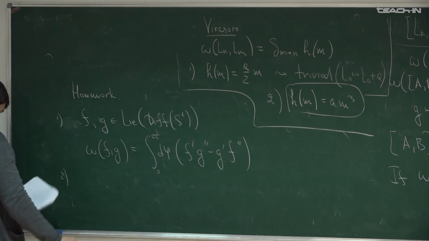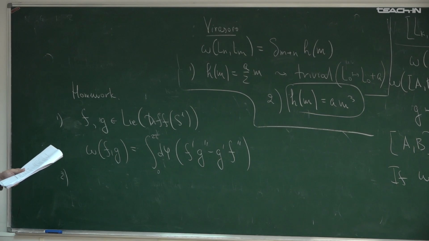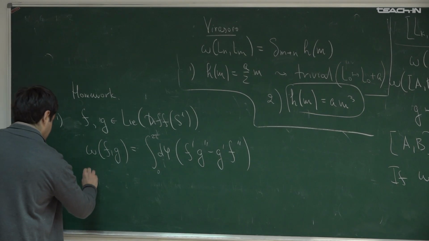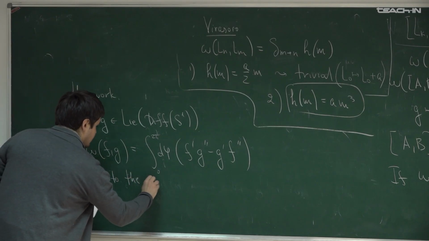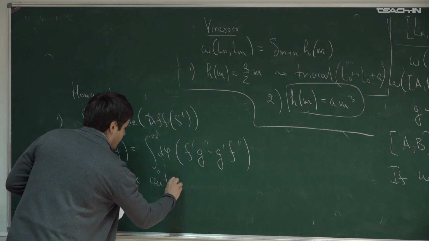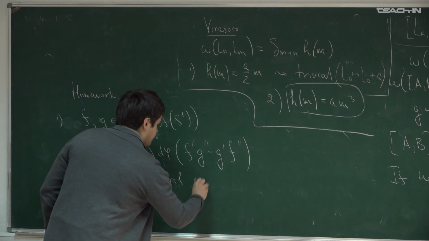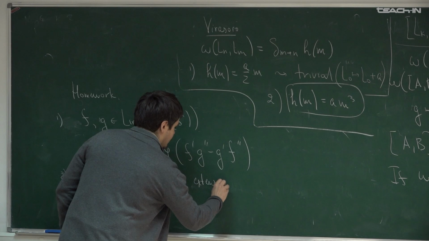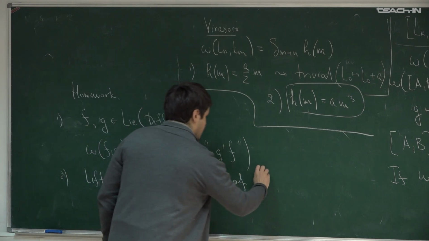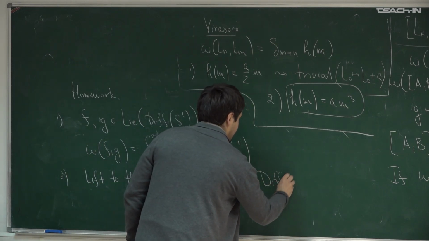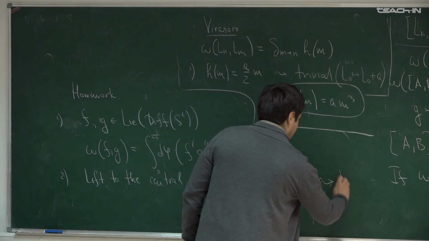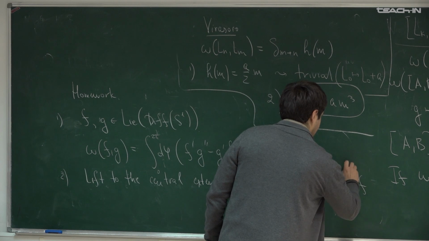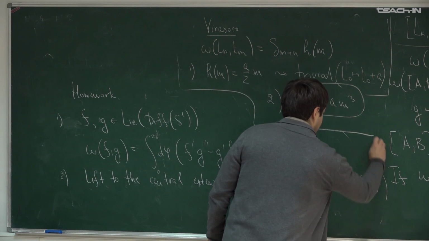And then there is a more complicated problem: show that this extension can be lifted to the group, to the central extension of the group of diffeomorphisms of S1, so the central extension is called Diff hat of S1.